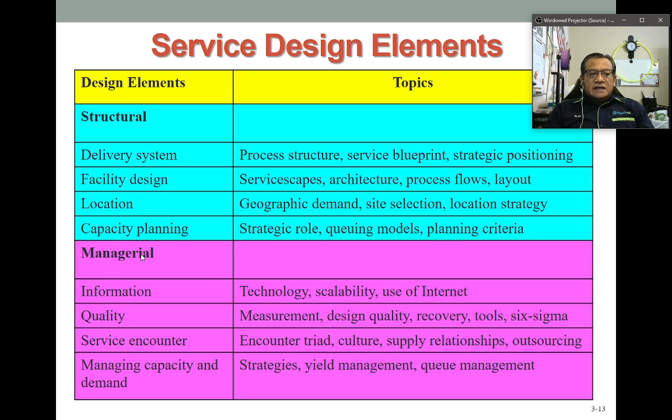The other service design element refers to the managerial.